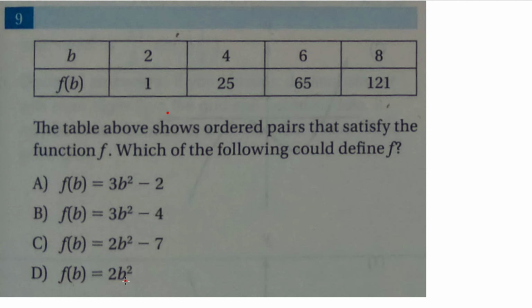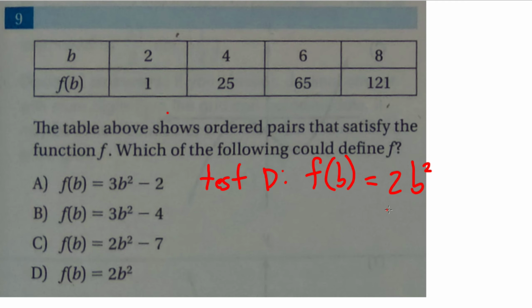So we have 2b squared. Let's take letter D for trial and error. So let's test D. D is f of b equal to 2b squared. Now, when b is equal to 2, we should get 1.